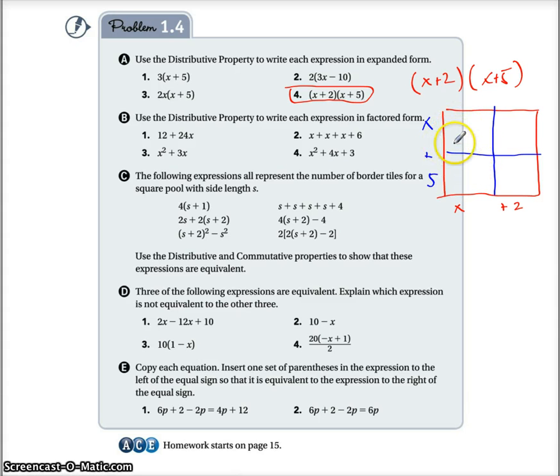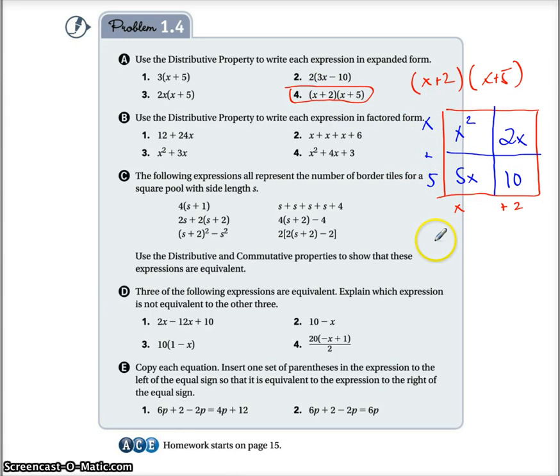So I could call this section x times x, right? X squared. And in this section here, 5 by x, or 5x. This section here, x and 2, they cross paths here, 2x, and 5 and 2, they cross paths here, 10. So they're all pluses, they're all positive numbers.